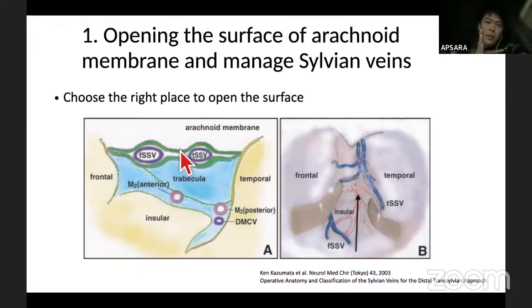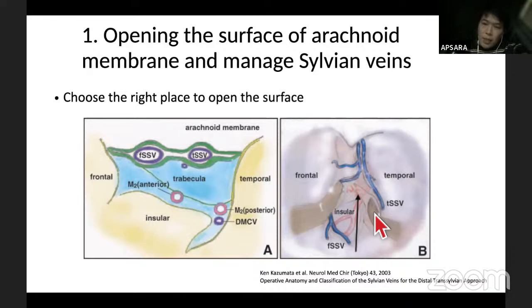I mean the lateral area, the left side, middle, or right side from the operative view. We should consider this very carefully. Like in image B, if we can see two branches of vein, which is a very common type, it's basically easy if we choose the middle area.